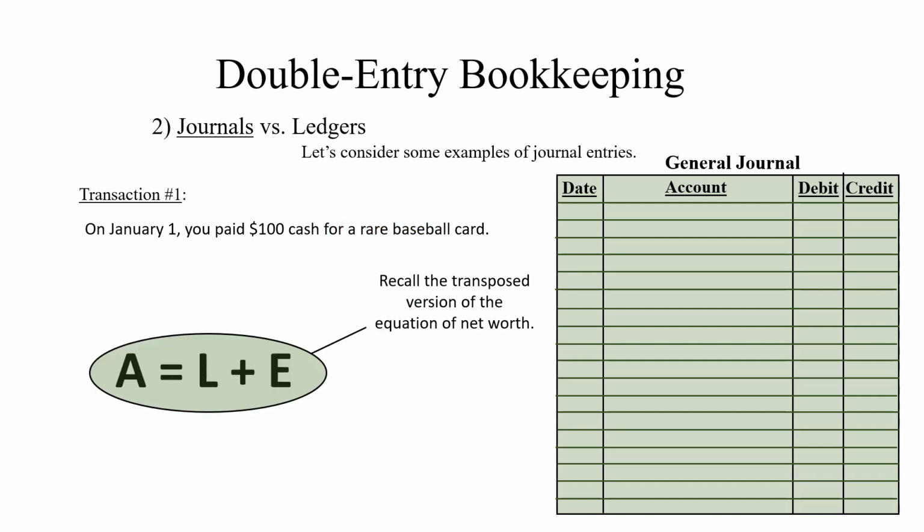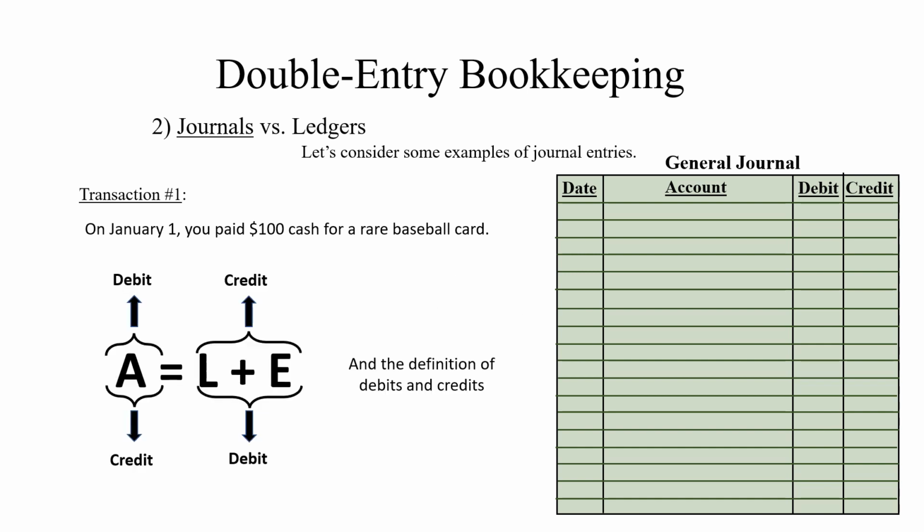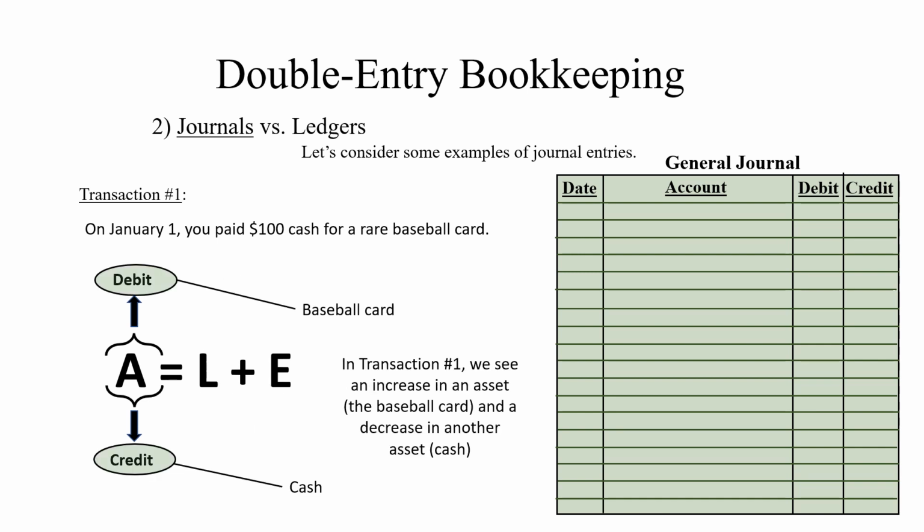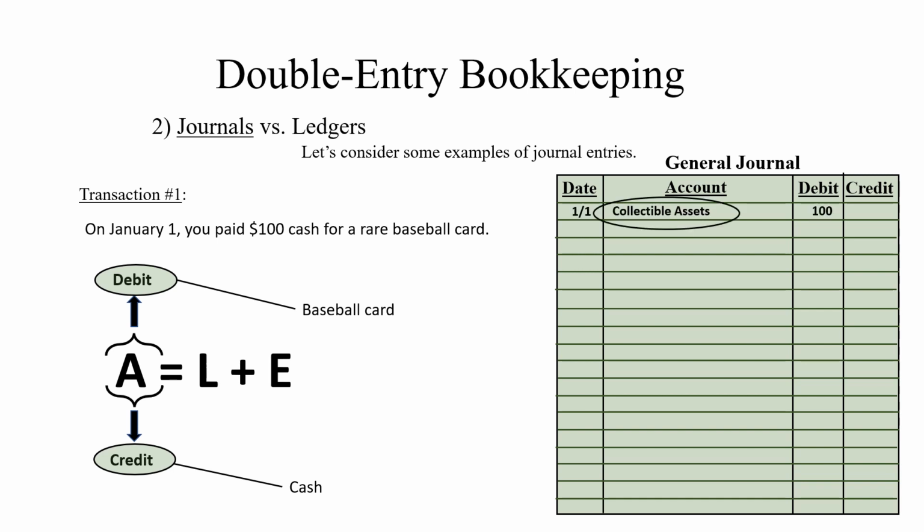Okay, so recall the transposed version of the equation of net worth and the definition of debits and credits. In transaction number 1, we see an increase in an asset, the baseball card, and a decrease in another asset, cash. There is actually an active secondary market for baseball cards.